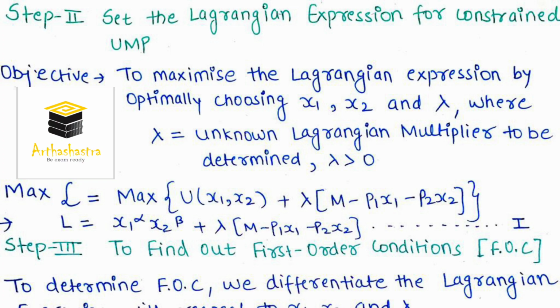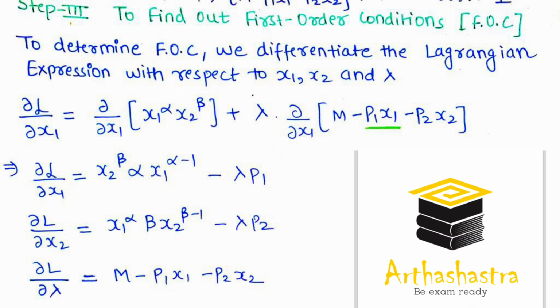Our third step is to find the first order conditions. Whenever we solve a maximization or a minimization problem, we have to find two conditions: first, the first order conditions, which involve first order derivatives, and second, the second order conditions, which involve second order derivatives.